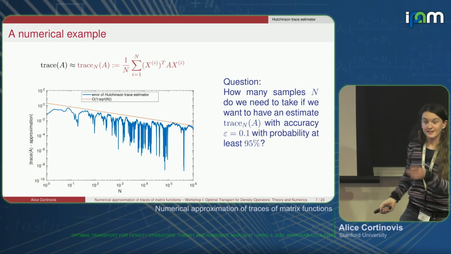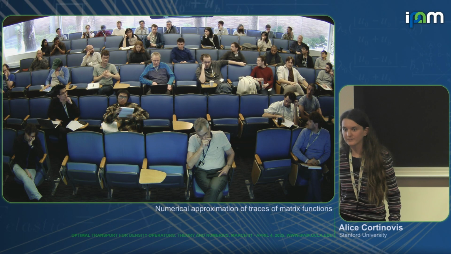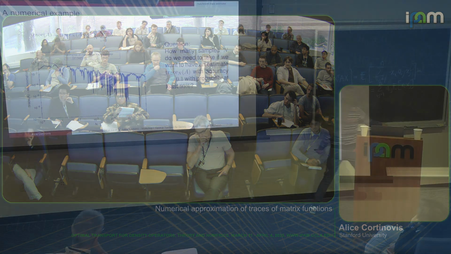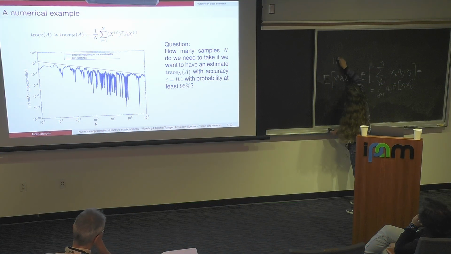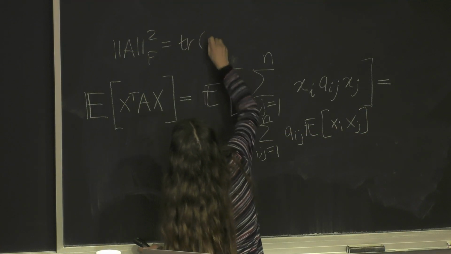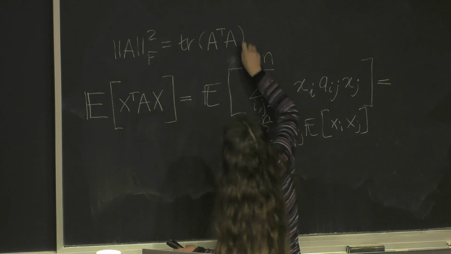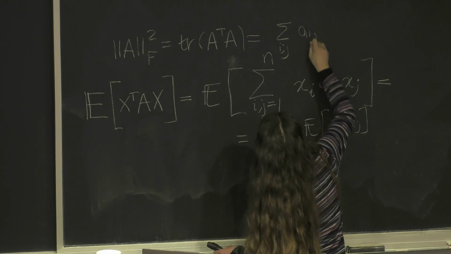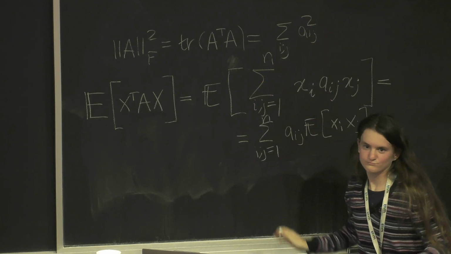The Frobenius norm is just the square of all values in the matrix, right? Yes. So the Frobenius norm is the trace of A transpose A, or the sum of A_ij squared. Okay.